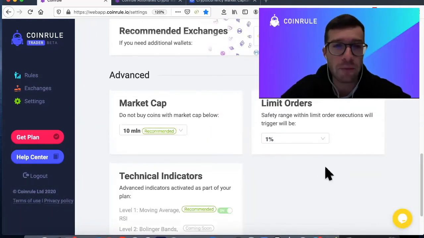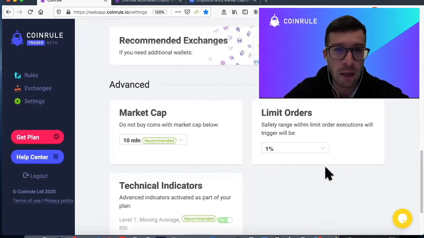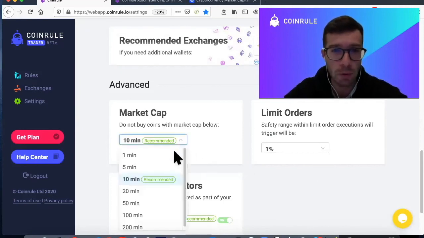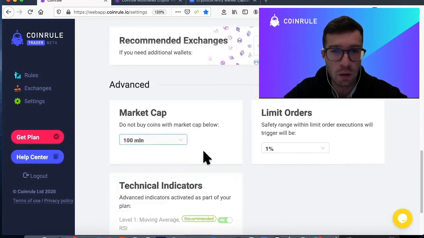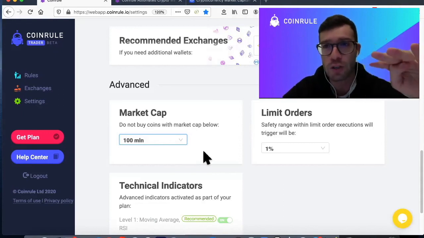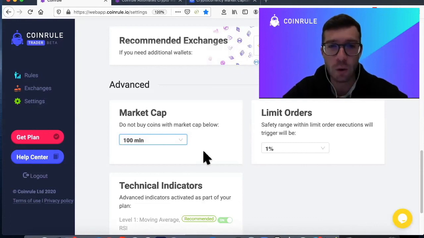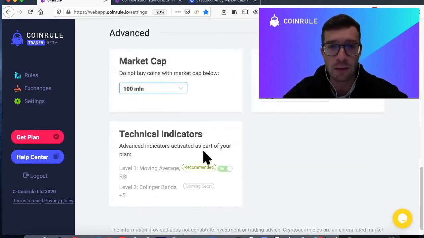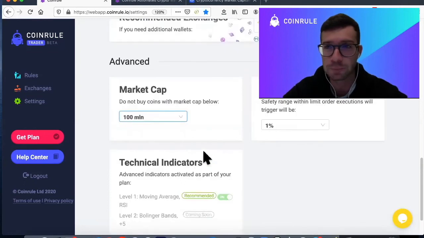So here we have a starting recommended setup at 10 million, but you can switch this setup and you can bring it to 100 million. So this is a small trick, but in this way, basically, you now have 4 conditions before triggering the buy order. So we got one more to be able to add that condition on Bitcoin price.